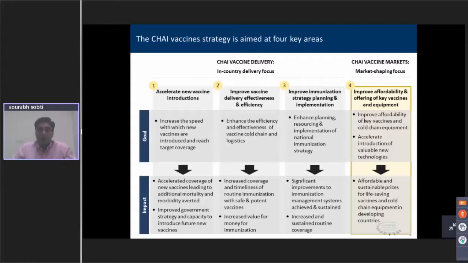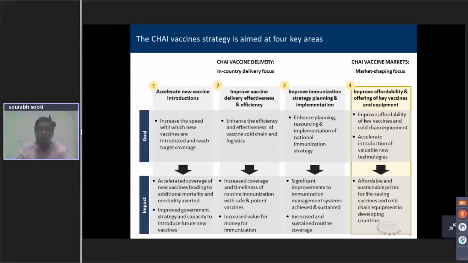The fourth pillar is affordable and sustainable immunization programs, where we work helping countries with large-scale vaccine antigen procurement and rollout.